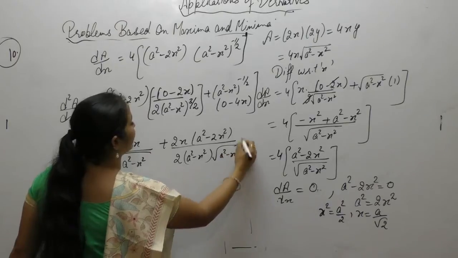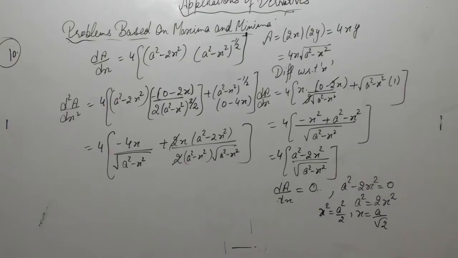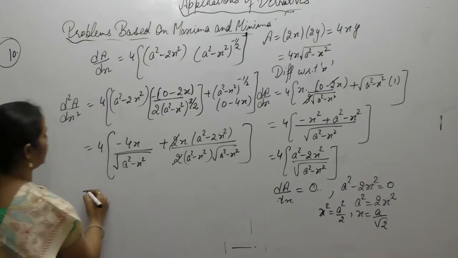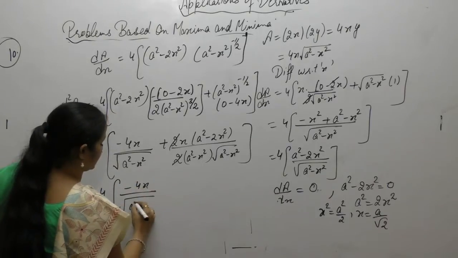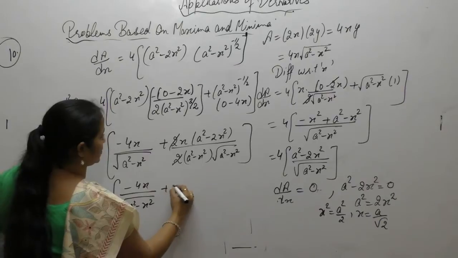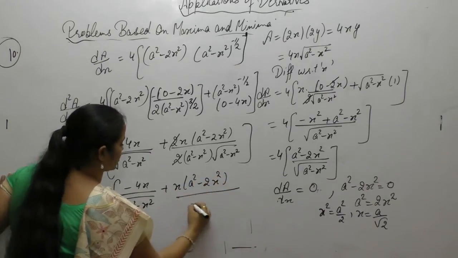We can write power 3 by 2 as 1 plus 1 by 2. So what we get here is 4 into minus 4x upon square root of a square minus x square, x into a square minus 2x square.